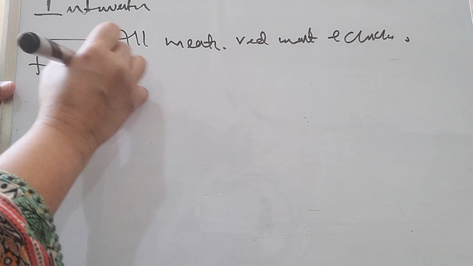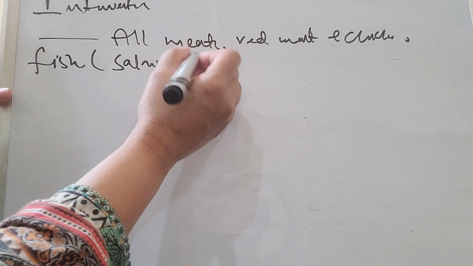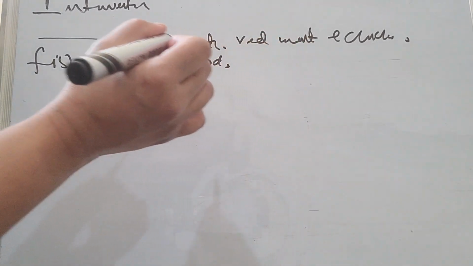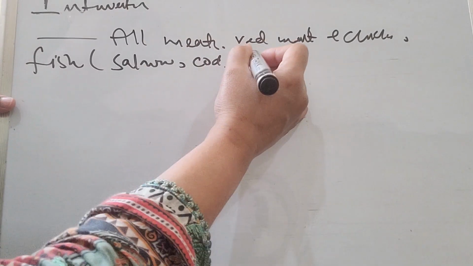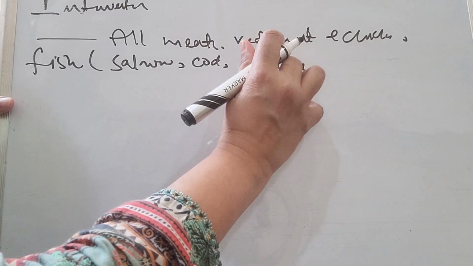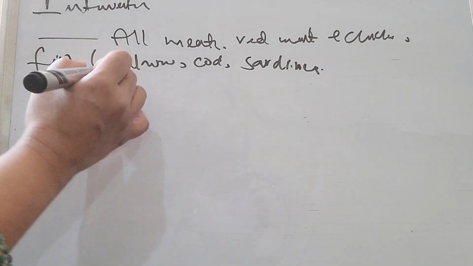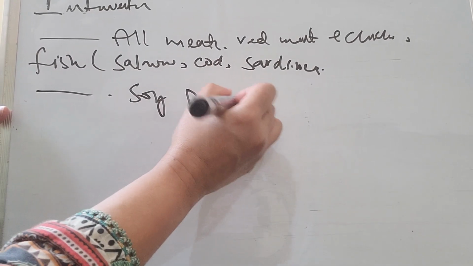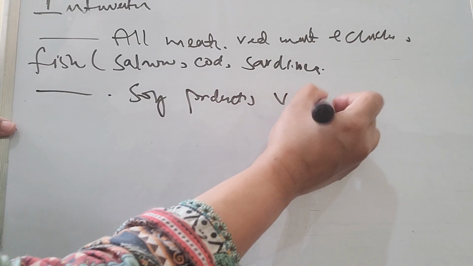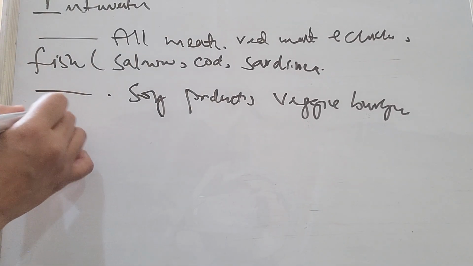Fish, especially salmon, cod, and sardines. These are the fish names. Then soy products, veggie burgers.